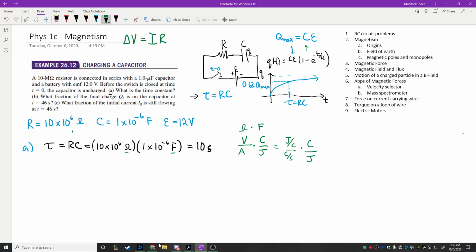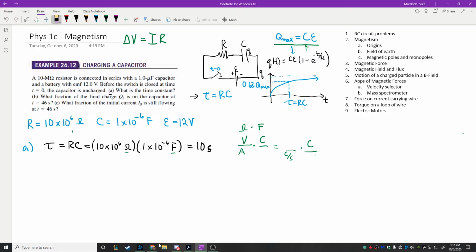Yeah, there's like one too many coulombs, isn't there? Why do I think this is supposed to be coulombs squared? Let me think for a second. I know what I did wrong. Okay. Much easier than what I've done here.